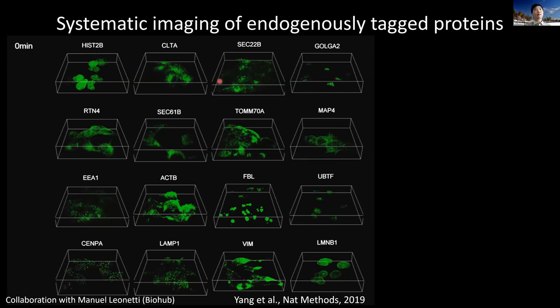The movies of 16 endogenous tagged cell lines that we can acquire in parallel on the same multiwell plate over the duration of 9 hours. It's a very cool movie if it plays.